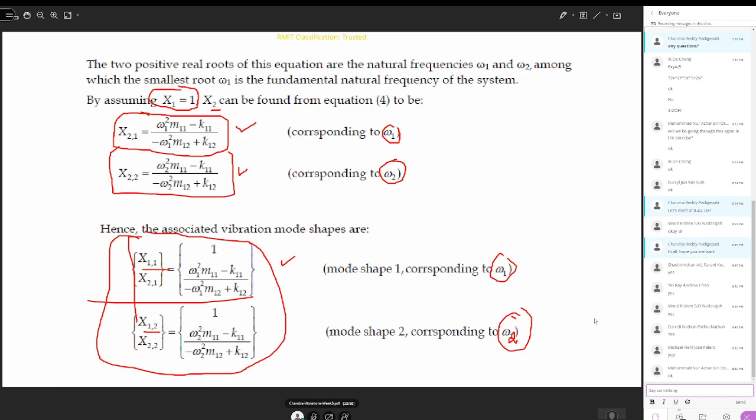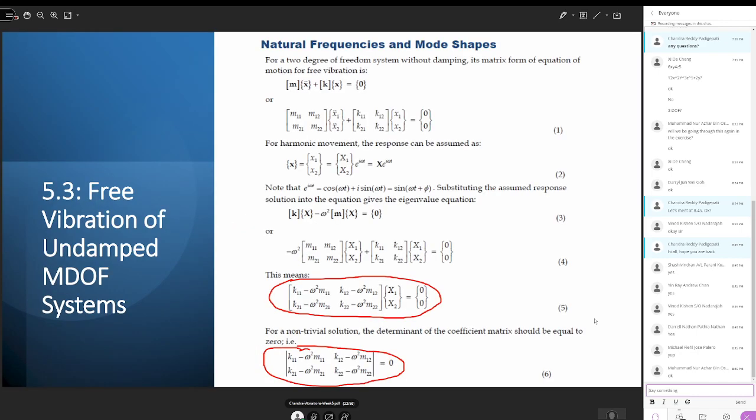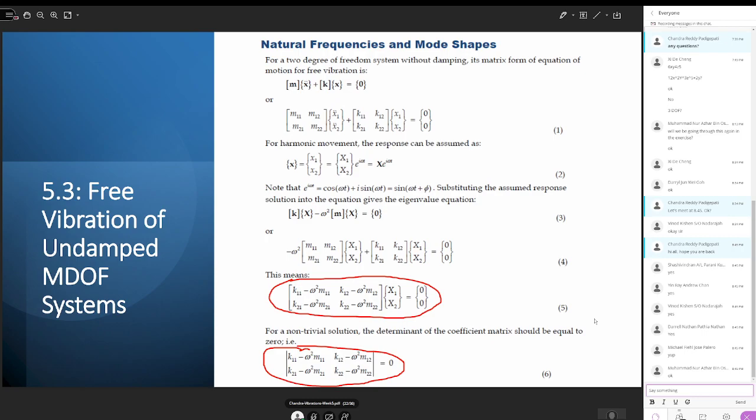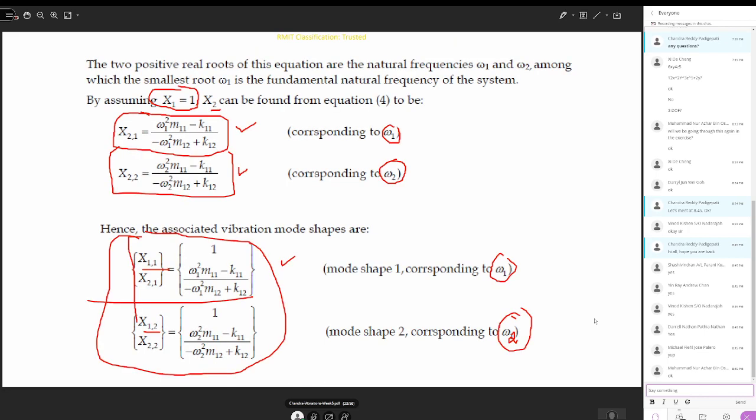All right, so this particular analysis tells you two important things. The first one is to write this expression and equate it to 0, to solve the displacement matrix X. Then once you solve for the two frequencies, omega 1 and omega 2, the mode shapes you can calculate based on this formula.